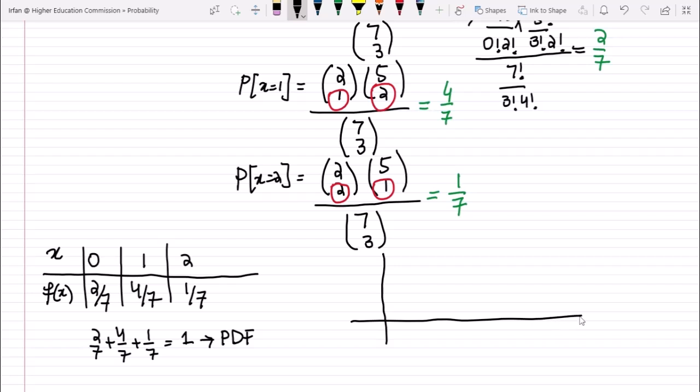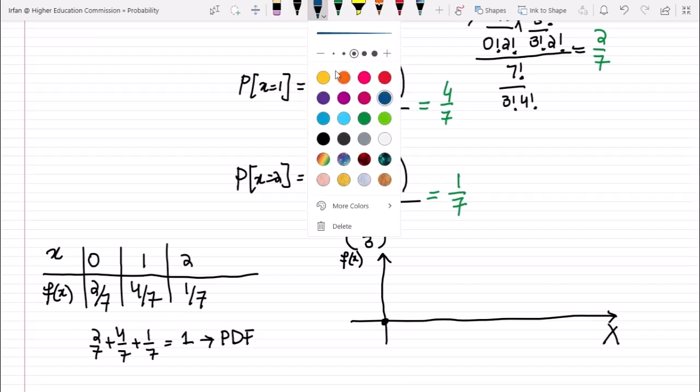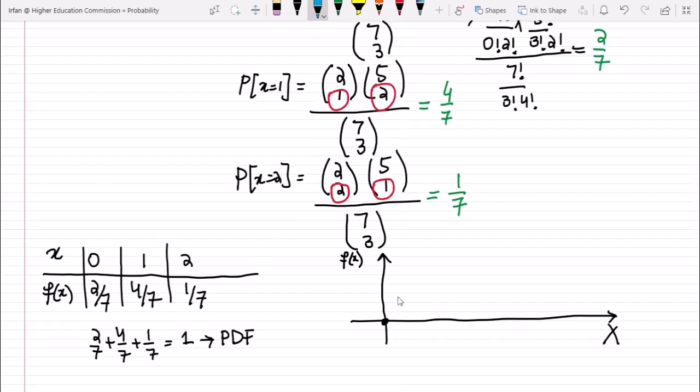Let me plot it. This is x, and for x different values are here, and this is f of x. Let me choose another color, which is this one. For 0 I have here 2 by 7.